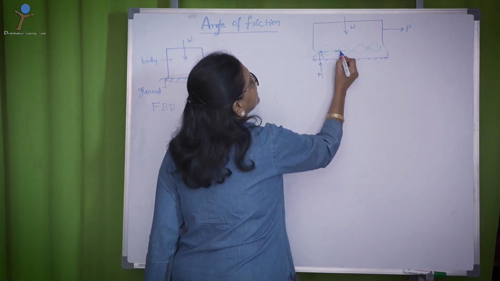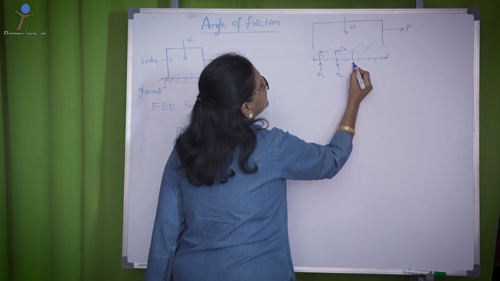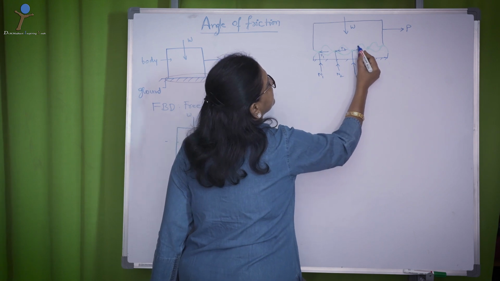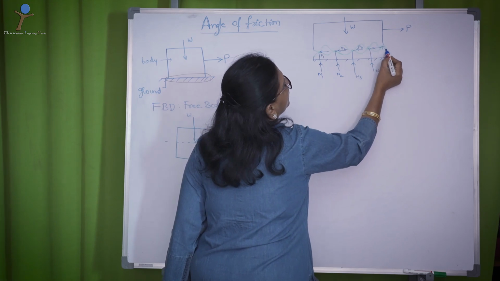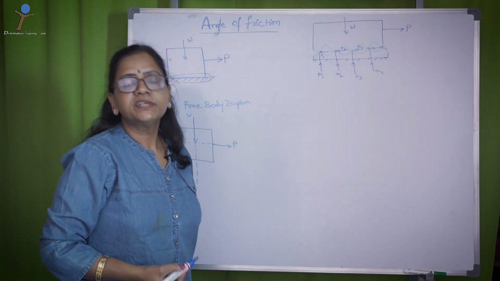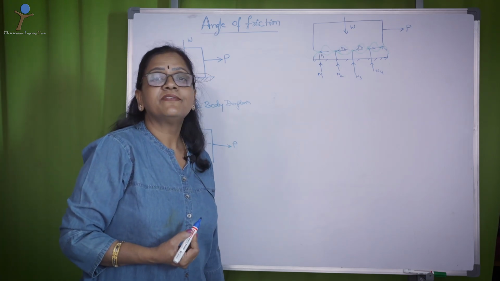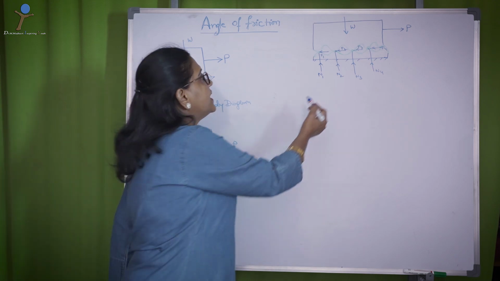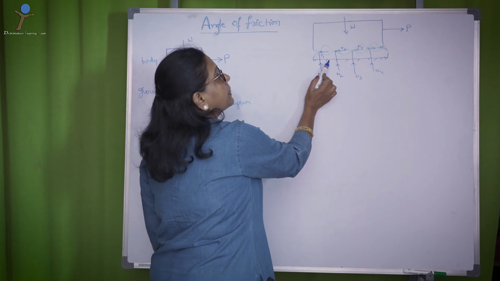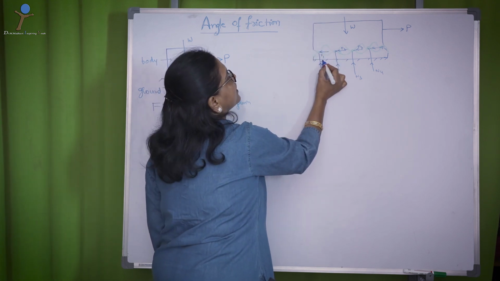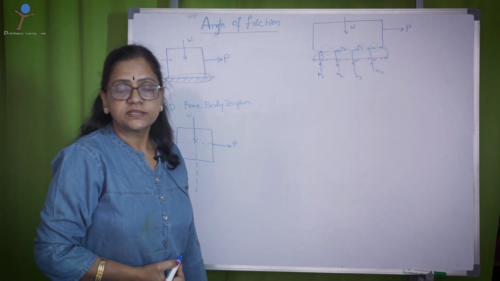Similarly, N2, F2, N3, F3, N4, F4, where F1, F2, F3 are frictional resistance, and frictional resistance is always a self-adjusting force. N1, N2, N3 are the normal reactions done by the ground onto the body, and they are always perpendicular to the surface.